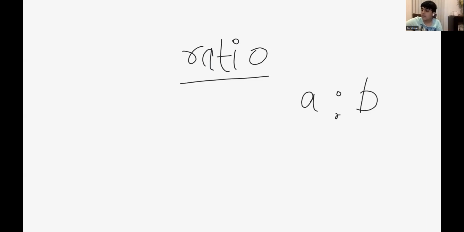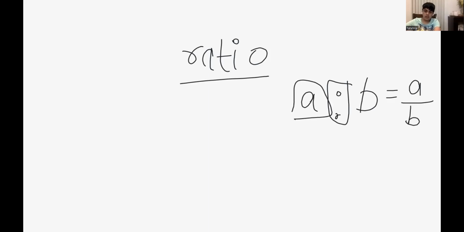So these two dots are the representation of ratio. Now this ratio can also be written in the form of division. Basically, whatever is on the left hand side of the two dots always comes as a numerator, and whatever is on the right hand side comes as a denominator.